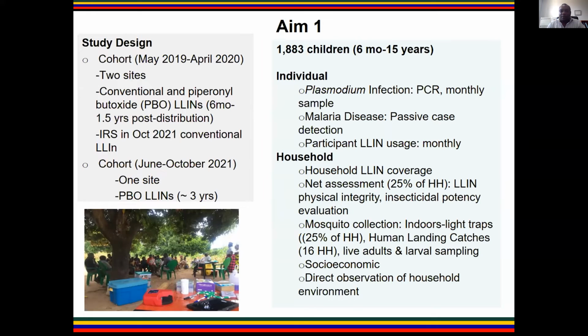We also evaluated 25% of the bed nets from these households, looking at their physical integrity. And we also collected mosquitoes from the same 25% of the households. And from a further 16 households, we had human landing catches done. We also collected adult and larval mosquitoes from the sites.